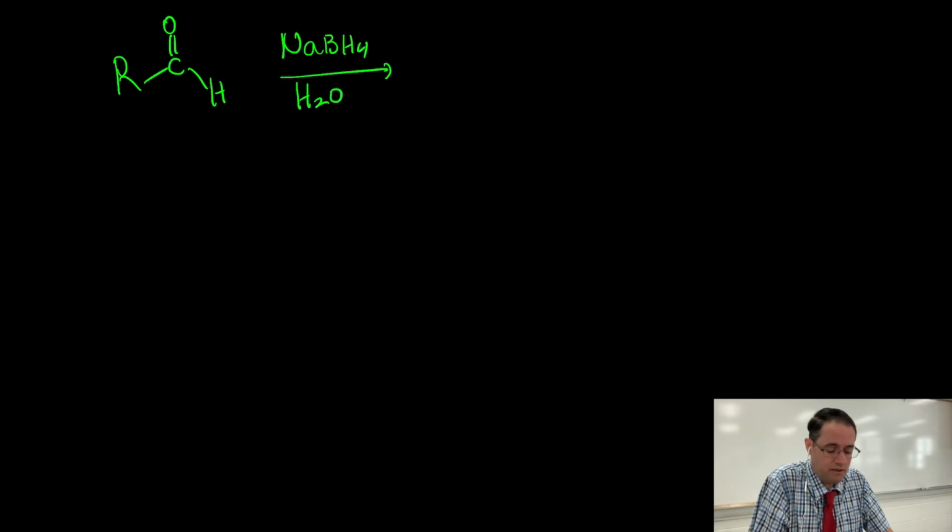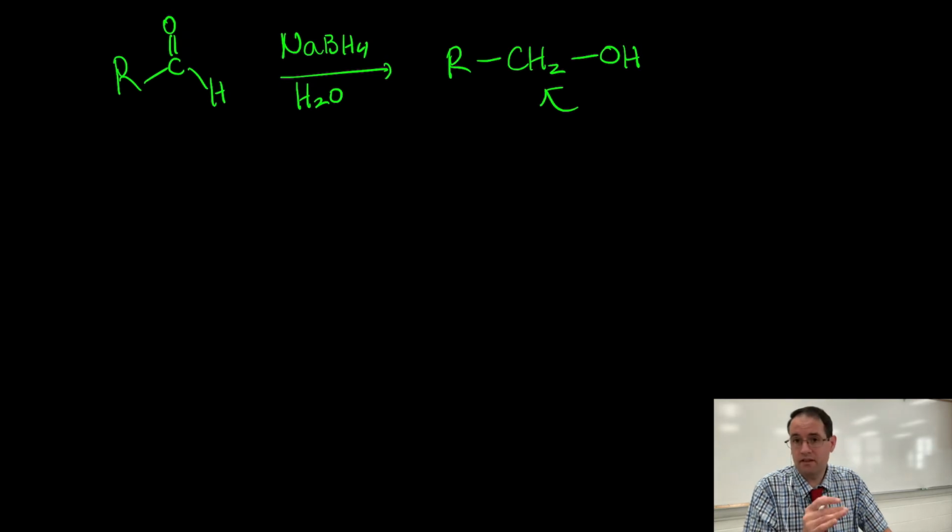I'll do water here. And so that's going to convert this to an alcohol. And I just want to point out the key points here. That carbon is not a stereogenic center because there are not 4 different groups attached. So you don't need to worry about top attack or bottom attack or something like that.